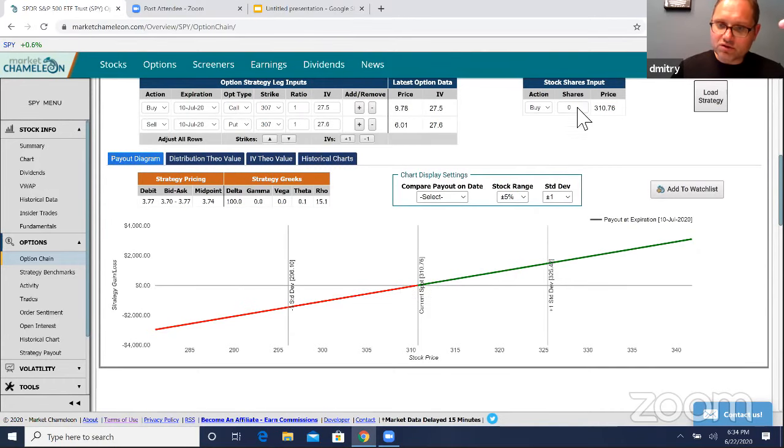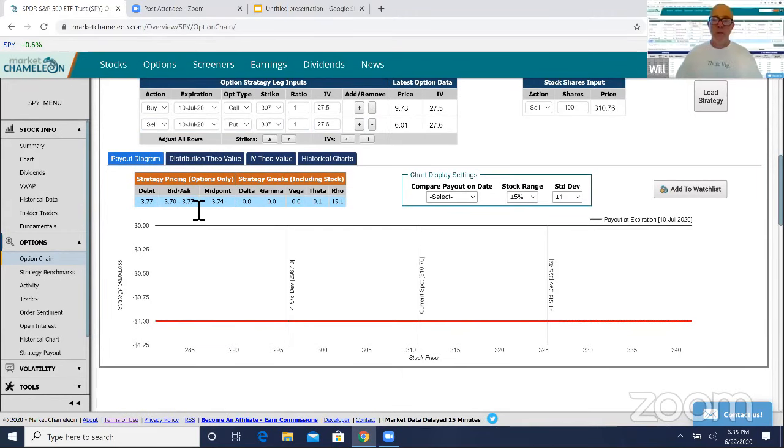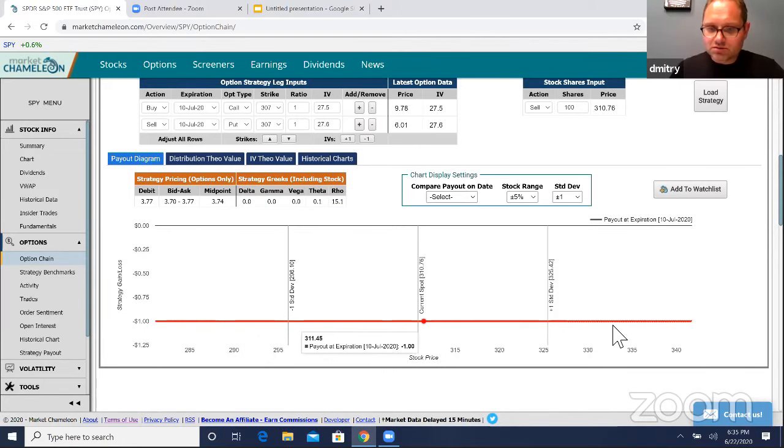Put call parity. What do we do? We sell short 100 shares. There you go. You lose $1 here just because of the prices, how they're lined up, if you're doing it exactly on the bids and offers. But see here, you're completely hedged, no matter where it goes.